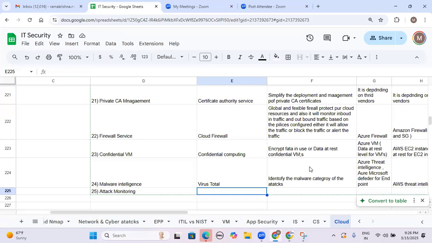Instead of depending on open source intelligence, they are depending on Mandiant. On the attack monitoring side, this particular feature we can call Mandiant Attack Surface Management, because this one is doing very well in the market. That is the reason Google purchased the Mandiant company.